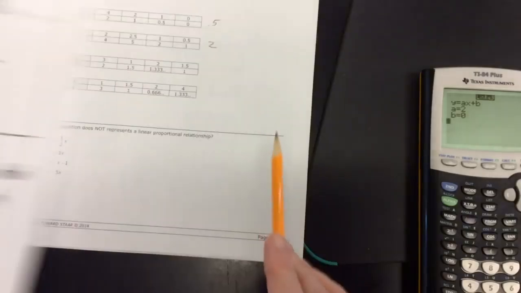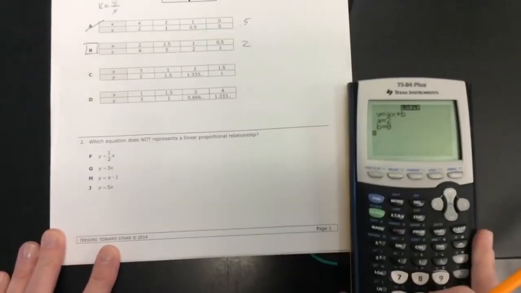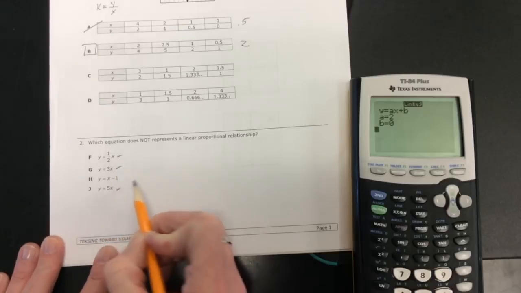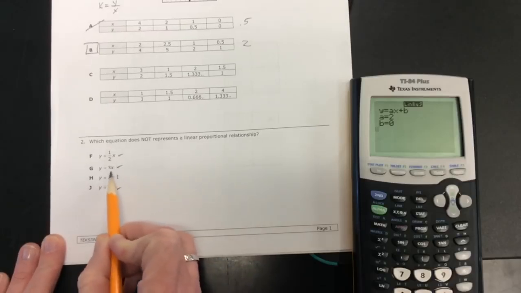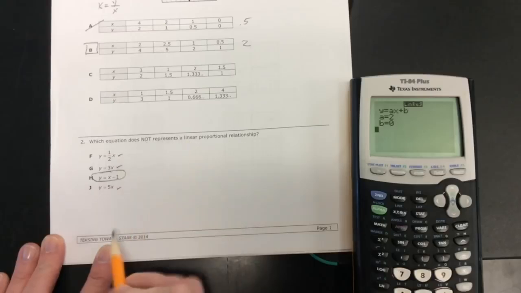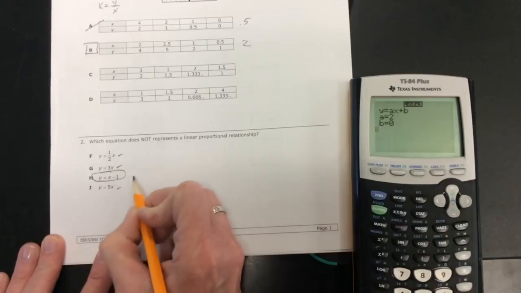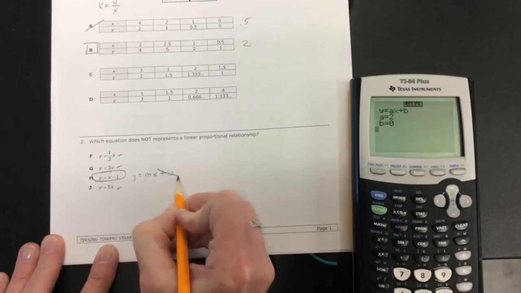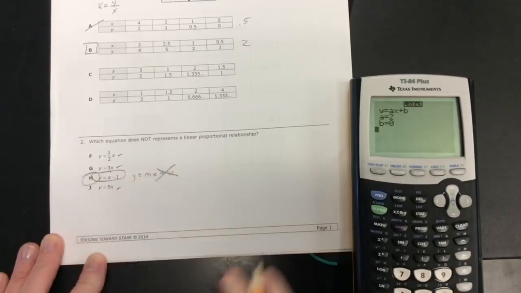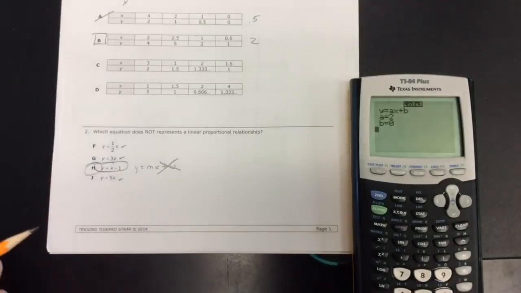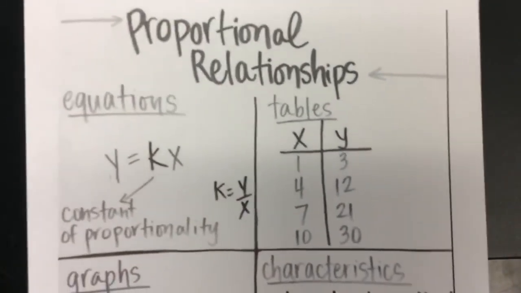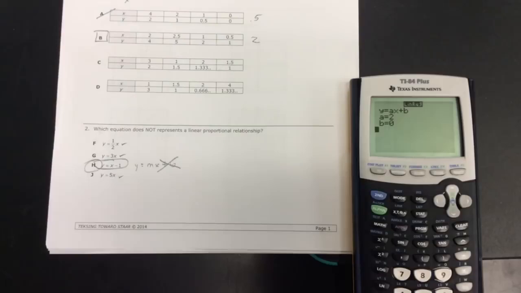Which one looks like this? That one does. That one does. That one does. This one does not represent a linear proportional relationship because it's in the form of y equals mx plus b. We do not have a b. Your answer is H. And this page here, you may keep it with it. When I hand it back, you can tear it off and keep it with your notes.